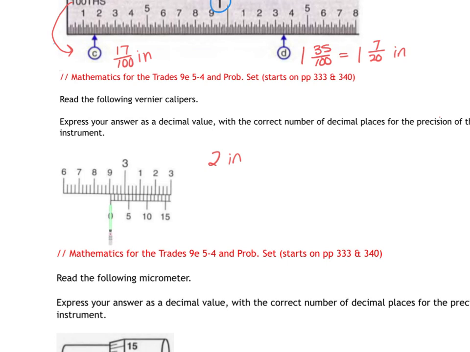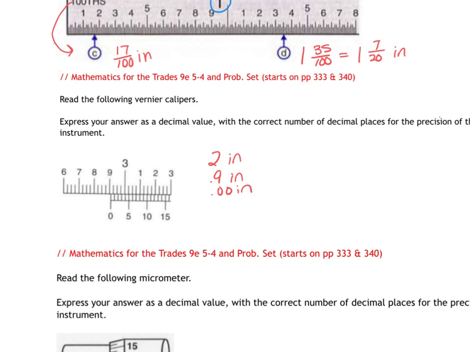Then the 0 lines up to something after the 9, so that is 0.9 inches so far. This 0 is before this first quarter mark, before this half mark, and before this 75th mark. So then that is going to be plus 0.00.